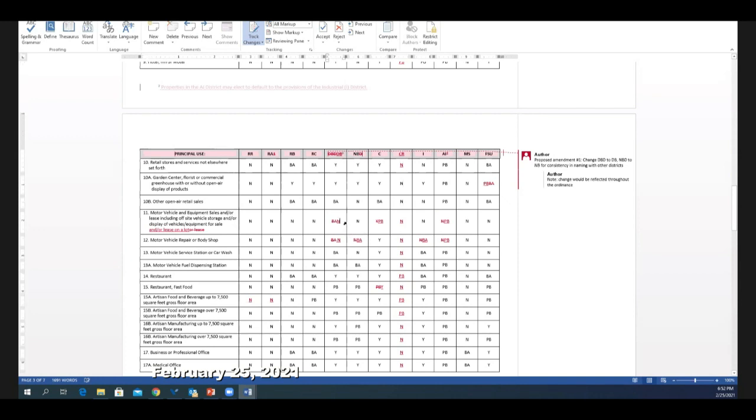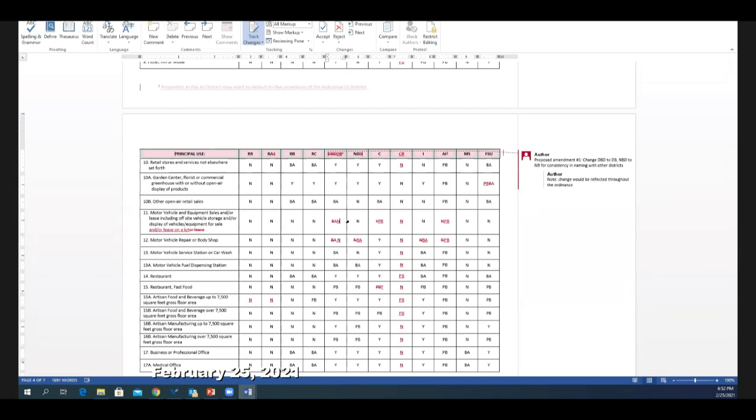They had recommended it go from BA to N in the downtown business district. And there was a lot of discussion, and I think the board could have gone either way on this, ultimately decided for the more restrictive no. And, again, things like Viola would still be allowed because they're pre-existing non-conforming use.